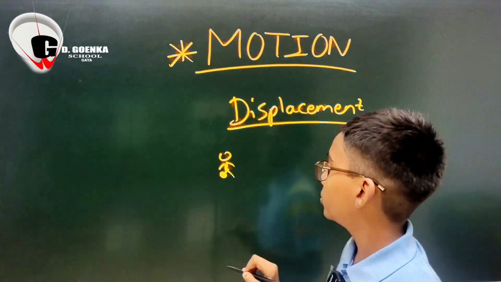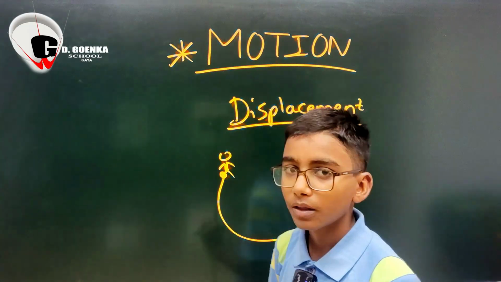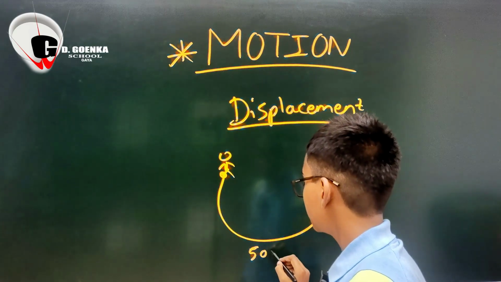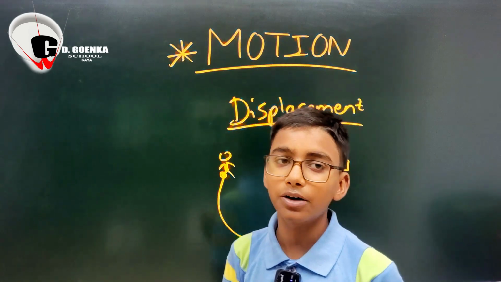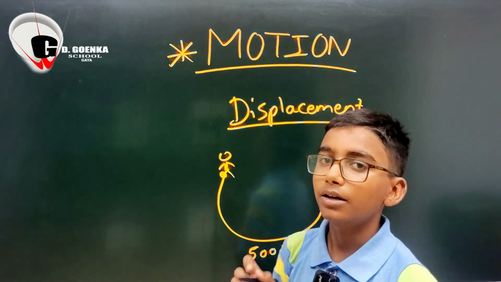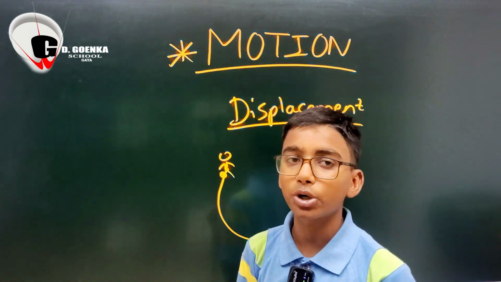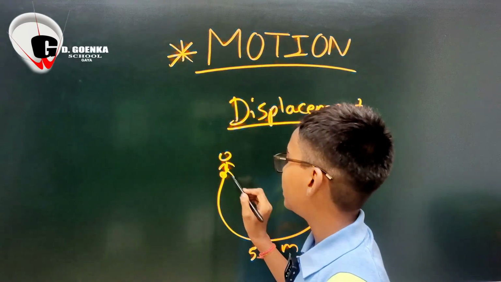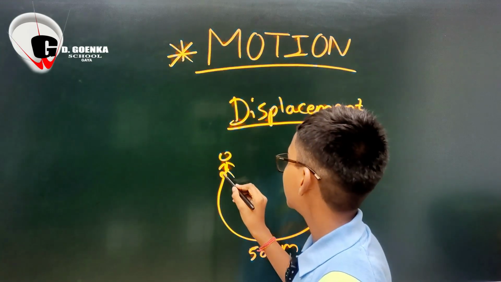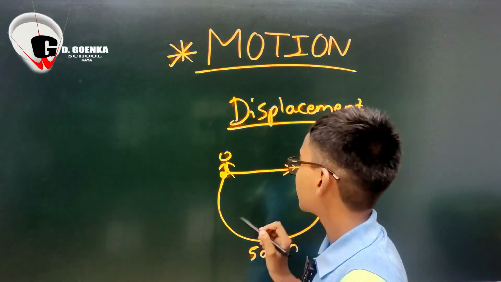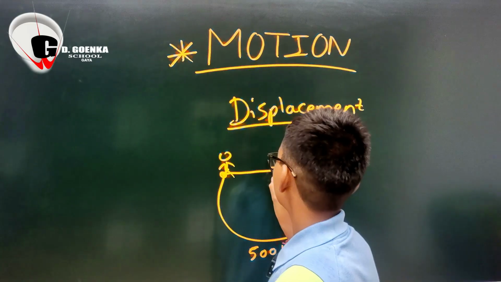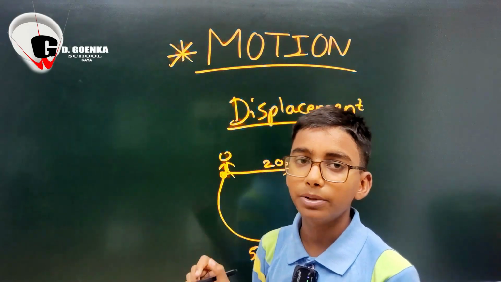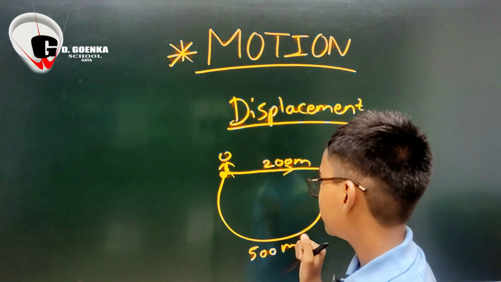Instead of going straight, he chooses this way. Suppose this is 500 meters, so the distance covered by him is 500 meters. As we know, displacement is the shortest distance between the initial and the final position in the given direction. So displacement will be this, suppose it is 200 meters. The displacement is 200 meters and the distance covered is 500 meters.